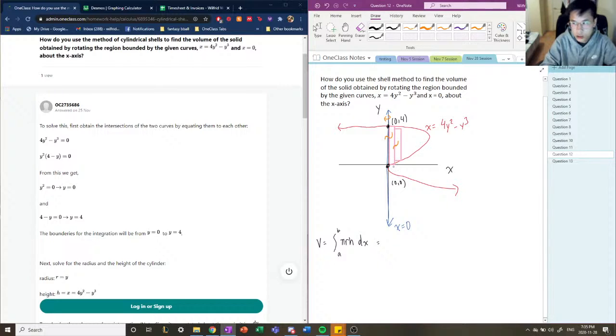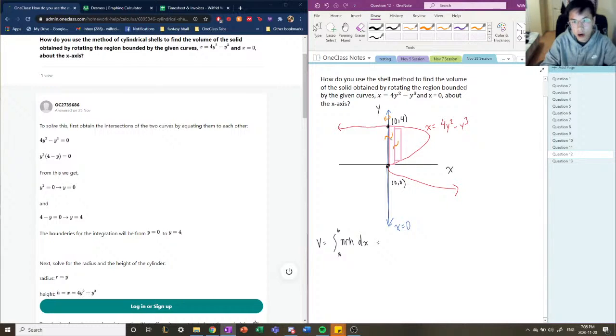We use the shell method when our differential strip is parallel to our axis of rotation. If we were to rotate this around the other way, we'd be using the disk method instead, because the axis of rotation is perpendicular to our differential strip. But here, since our rectangle is parallel to our axis of rotation, we're going to use the shell method.